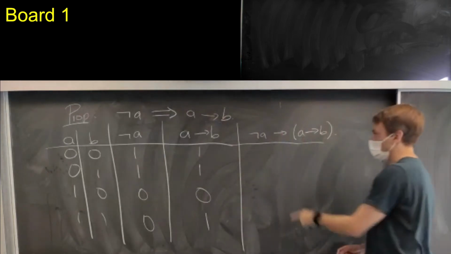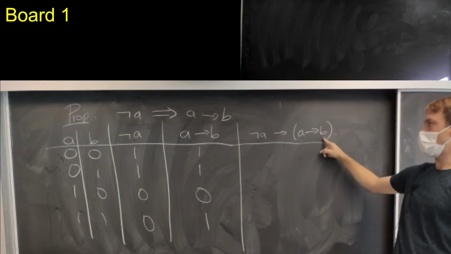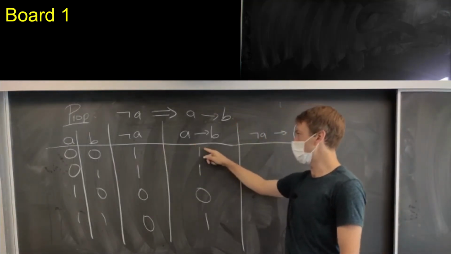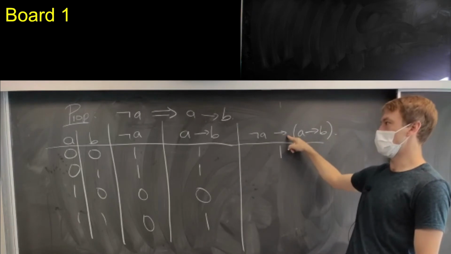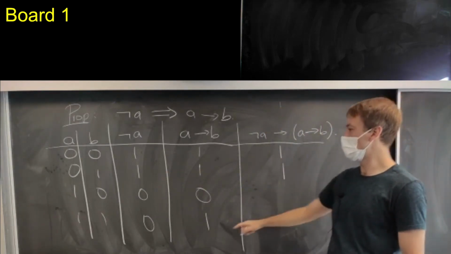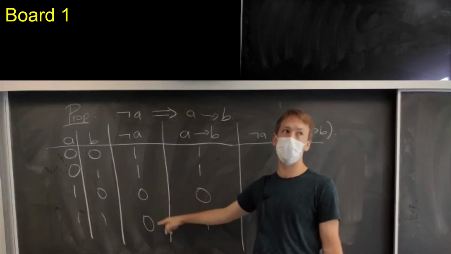And now, not A implies A implies B. So here we have true and true, so the implication is true, true, true, true. And here, we don't really have to think very much, because we see not A is false.